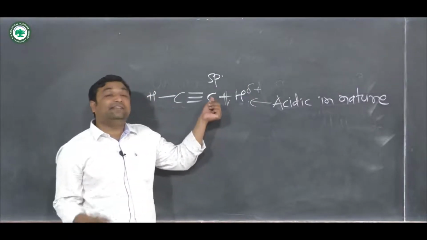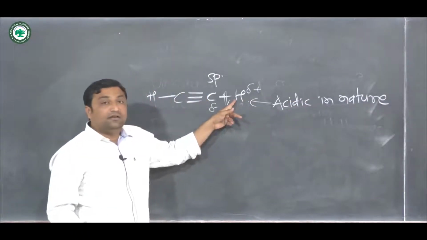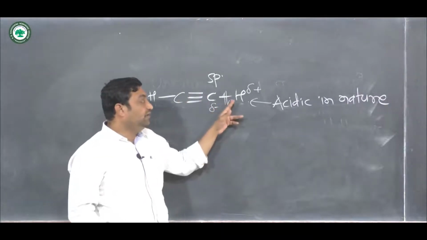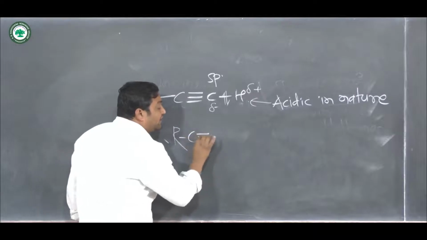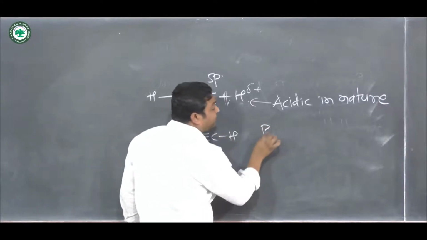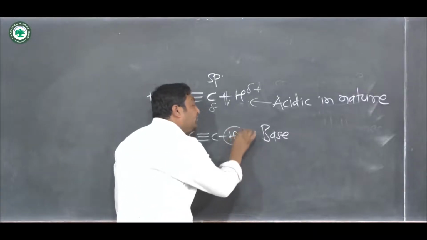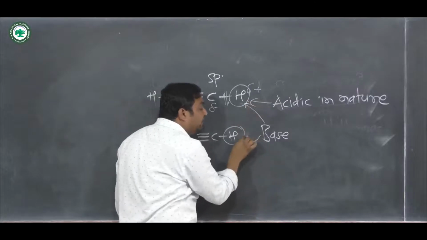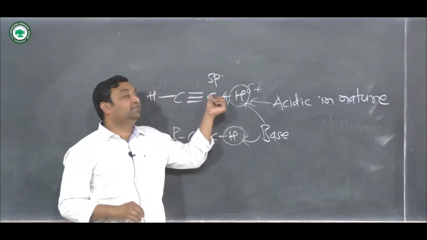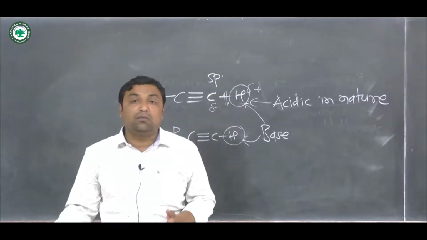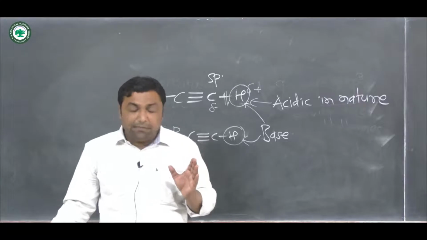As this hydrogen atom becomes acidic in nature, it means when a simple acetylene molecule, or any monosubstituted or terminal alkyne, is treated with a base, that base abstracts this protonic or acidic hydrogen atom to form a nucleophilic species, or carbanions, which we use for the preparation of many compounds.